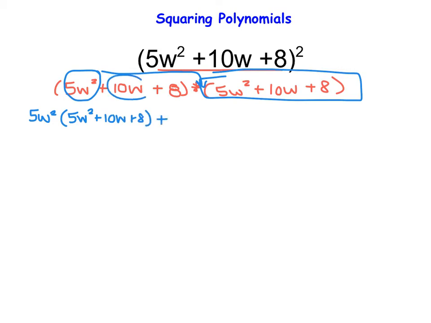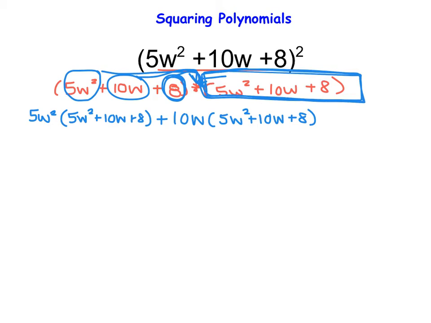And then I'm going to take 10w and multiply it by everything in this second set of parentheses, so we have 5w squared plus 10w plus 8. Then I'm going to take 8 times everything in this second set of parentheses, so plus 8 times 5w squared plus 10w plus 8.